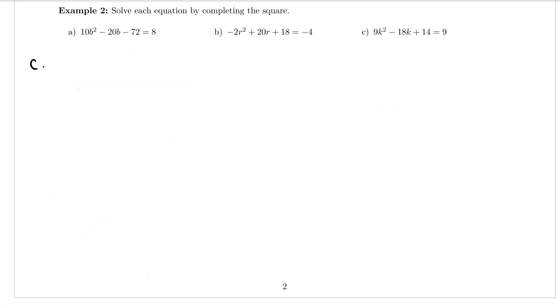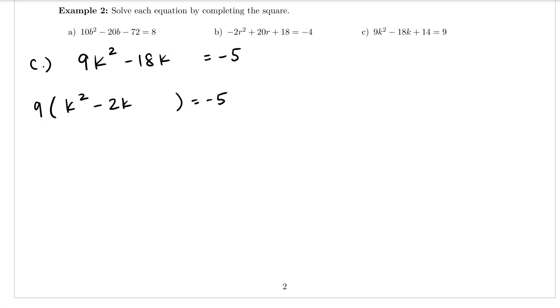All right, so for part C, we have 9k squared minus 18k. I'm going to go ahead and subtract 14 from both sides, and if we do that, 9 minus 14 will give us negative 5. Then I want to factor out my leading coefficient. And from here, I want to take my b value, which is negative 2, cut it in half, and then square it.